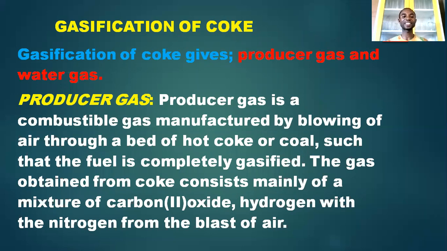Producer gas is a combustible gas manufactured by blowing air through a bed of hot coke or coal. When we talk about coke, we are talking about coal because we get coke from coal by destructive distillation, and they are all carbon, such that the fuel is completely gasified.